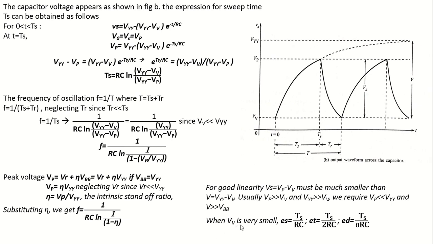When Vv is very small, we can justify the relation between Es, Et and Ed: Es equals Ts by RC, Et equals Ts by 2RC, Ed equals Ts by 8RC. So this is how we derive the frequency of oscillation and understand the working of the UJT sweep circuit, in which the UJT is used as a switch in generating a sweep signal like this.